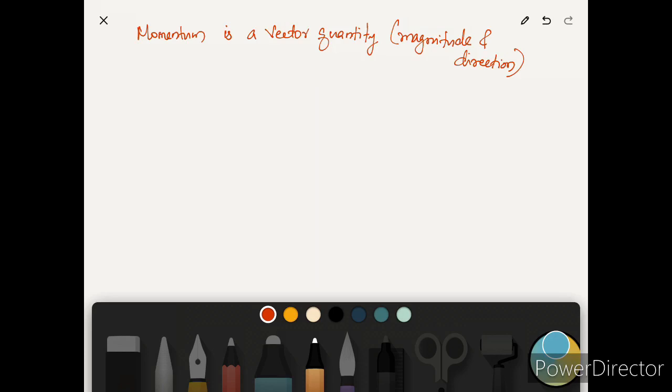Now moving on to the concept of force. We know that force is equal to mass into acceleration, where force is a vector quantity and acceleration is again a vector quantity. And acceleration is the rate of change of velocity.